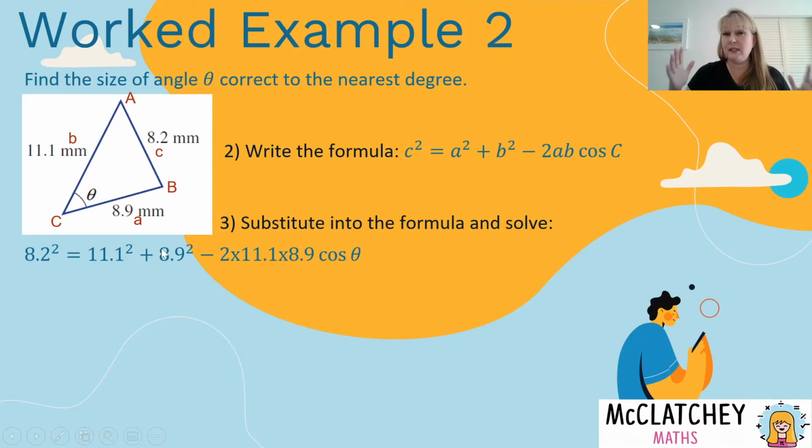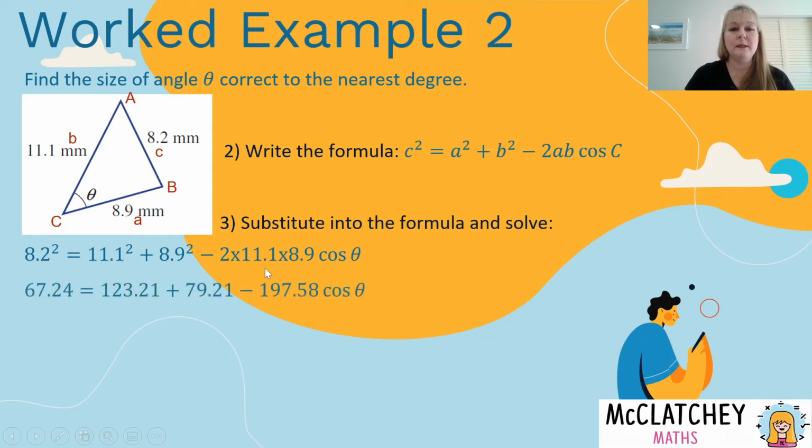Now, I just need to stress here, it's really important that you label your triangle and that you put the right sides in the right places, otherwise the wrong things will happen. So the subject here must be the length opposite the unknown angle. Must. Okay, and it's really important here that a and b are your sides on either side of your unknown angle, and they go on this side of the equation.